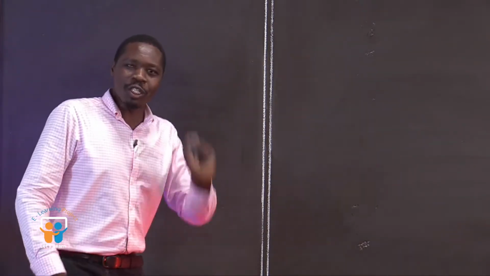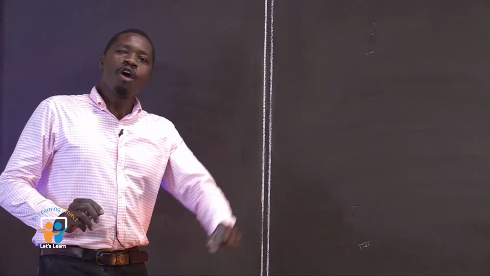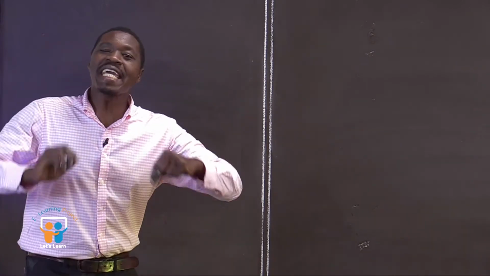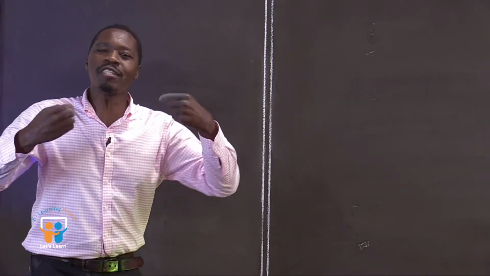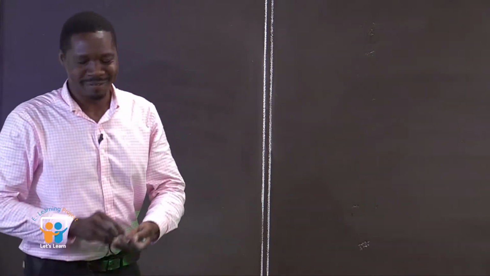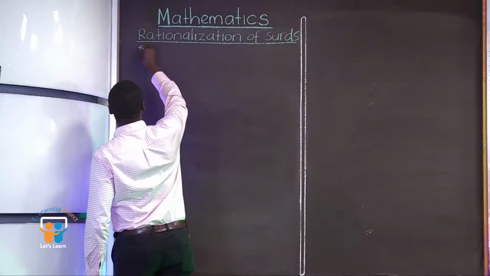Now, as we are trying to conclude this chapter of surds, we are now looking at the rationalization of surds. Mr. Examiner, sir, rationalization of surds simply refers to getting rid of a root sign in the denominator of your surd. Let me write it down because you might not remember everything.